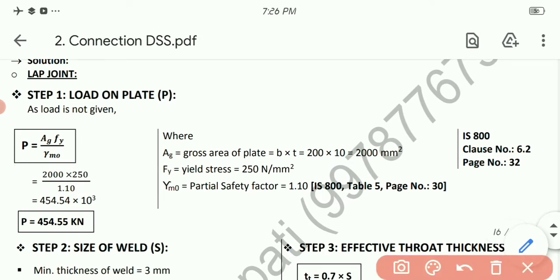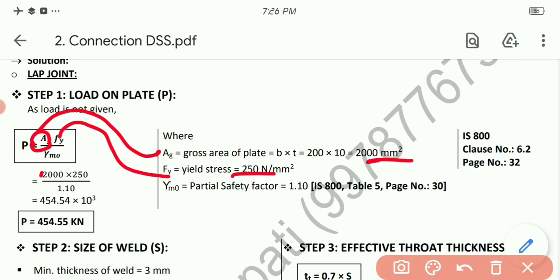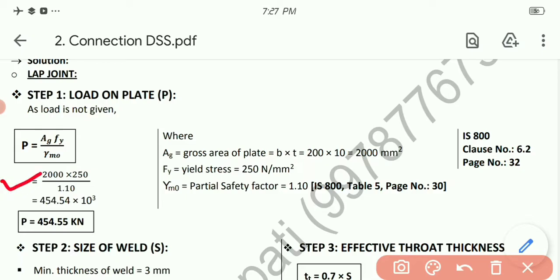Now let's get back to the sum. So we were discussing the unknowns. Ag, the area of plate, is 2000 mm square, Fy, yield strength of steel, is 250, and gamma m0, the partial safety factor, is 1.10. Putting all these three values over here, Ag is 2000, Fy is 250, divided by gamma m0, that is 1.10.